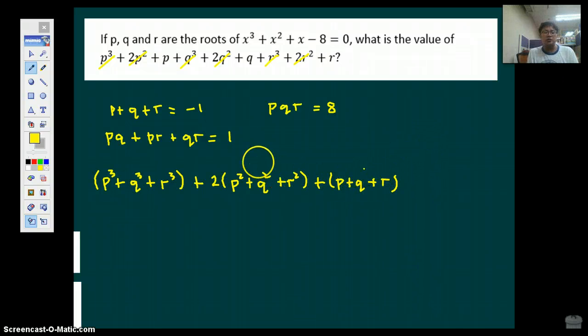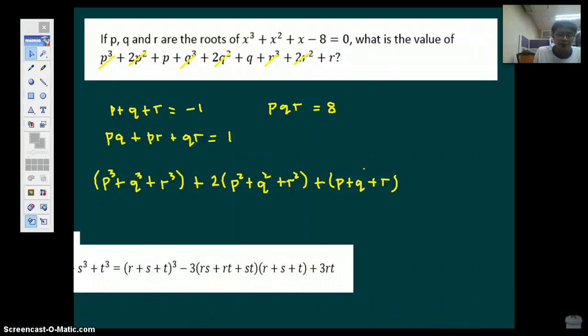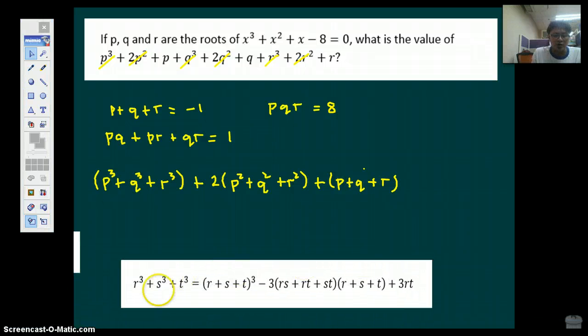So what we should do next is to get the value of p cubed plus q cubed plus r cubed, and then p squared plus q squared plus r squared. Now, this is simple to derive, but let's have the formula to use right away. This is for the sum of the cubes.